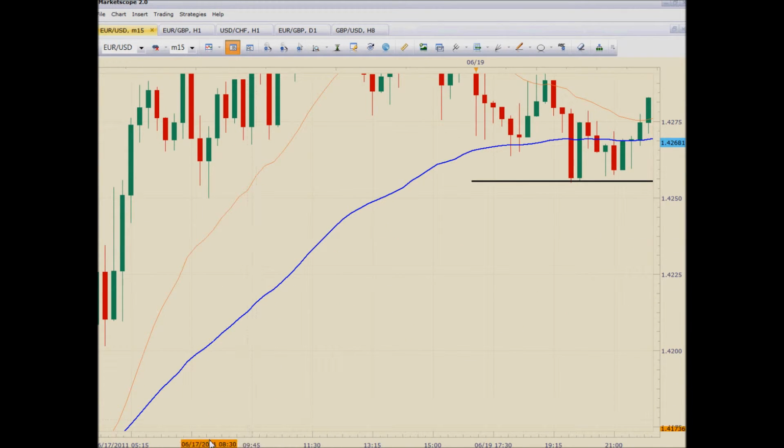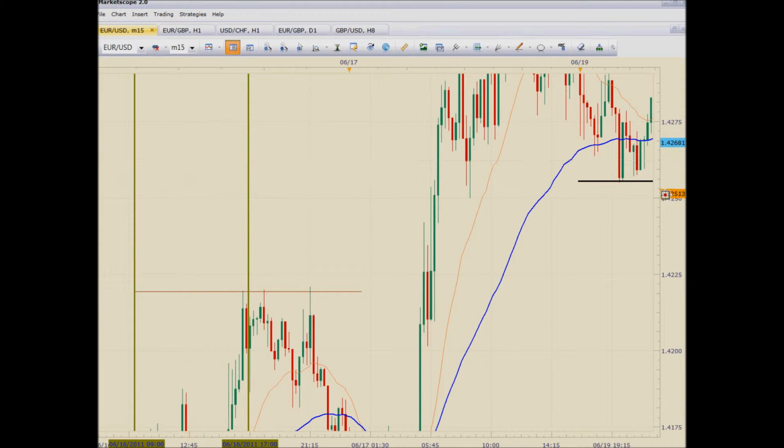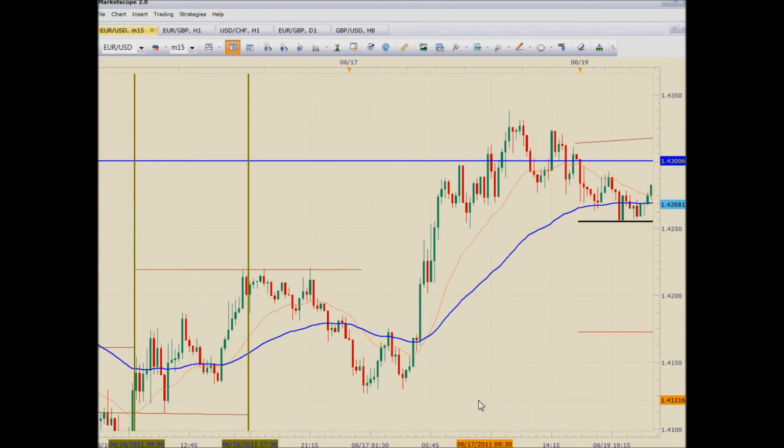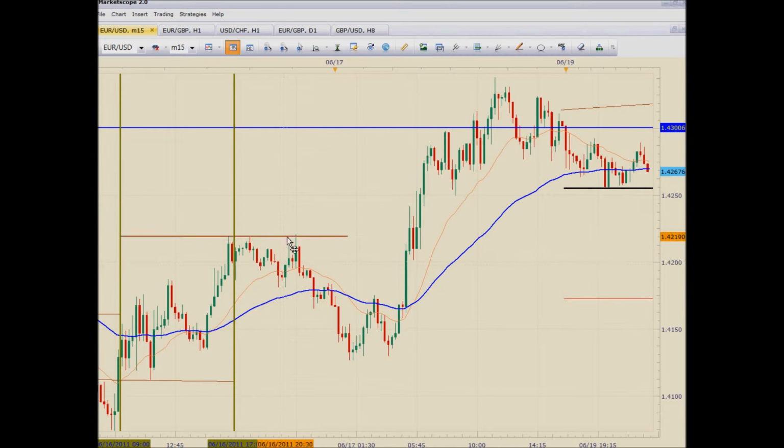And here we are right now, which was this candle here that falls. So this was my signal to the downside, but I did not believe in the downside movement, so I didn't go short.